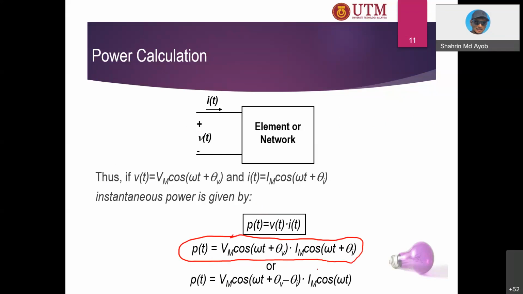And if we use the current as our reference, we can write down this equation like this. We move all the angle to the voltage because we use current as our reference. So right now the voltage will become Vm cos(omega t plus theta v minus theta i), multiplied with Im cos(omega t), because we use current as our reference.